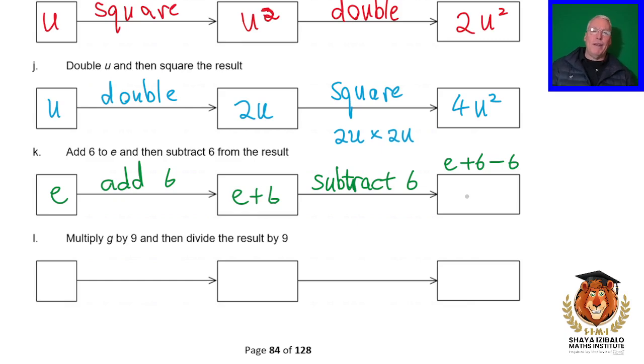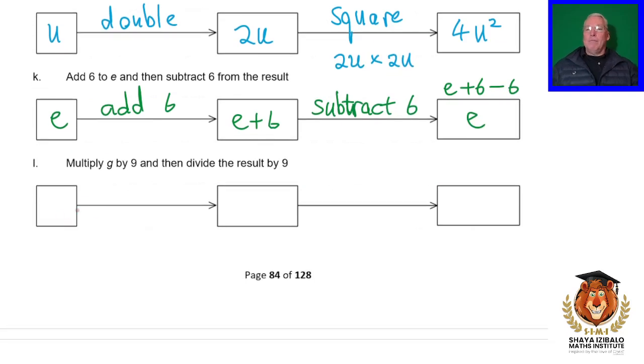But can we simplify that? Of course we can. We just get back to e. All right? These operations, adding 6 and subtracting 6, are called undo operations. The one operation undoes the other one. Okay? They also, and we'll get to that term much later, in fact in grade 12, they're also called inverse operations.